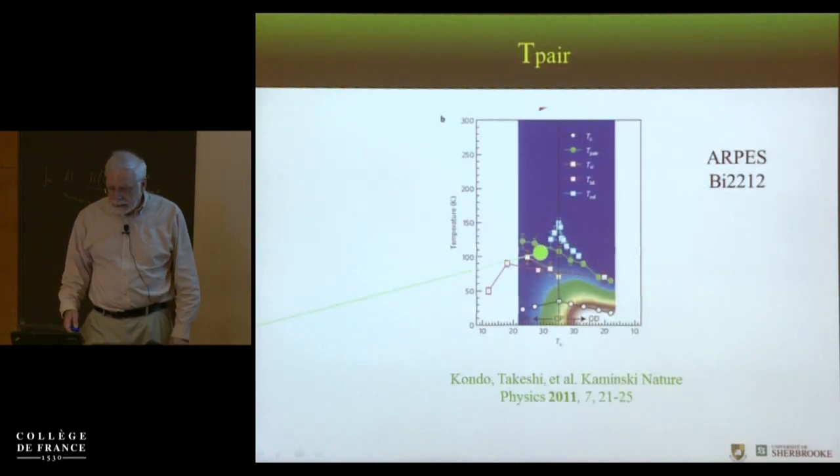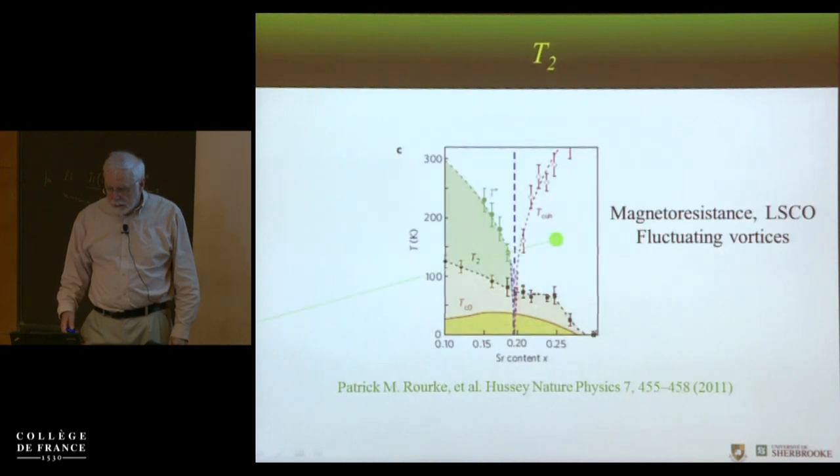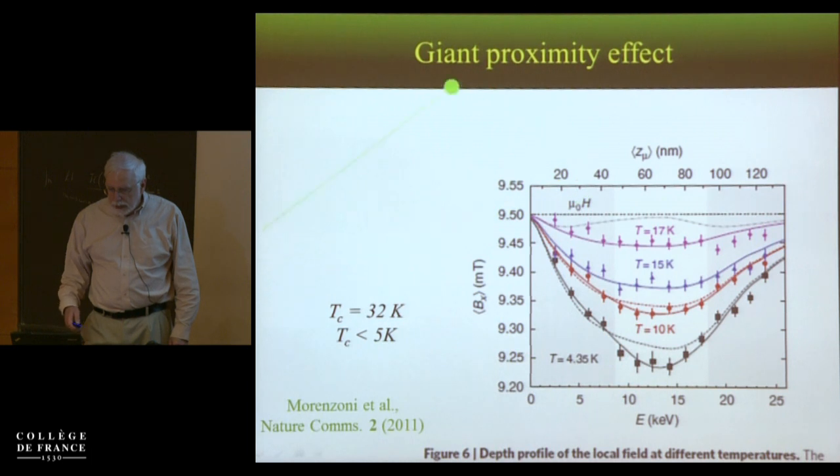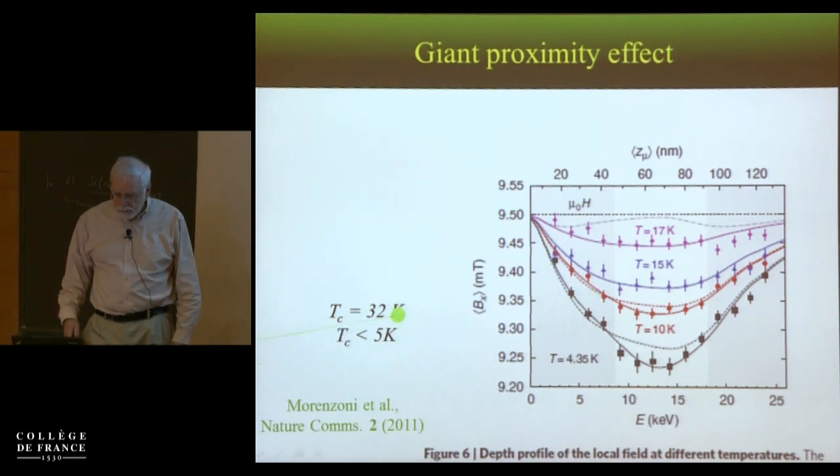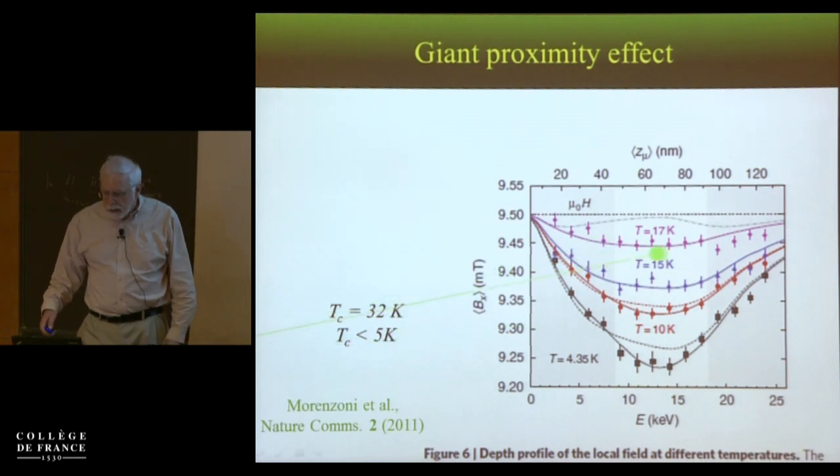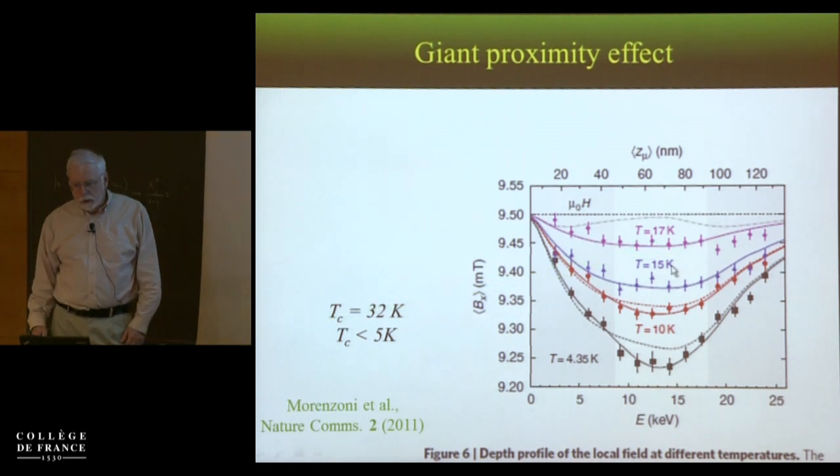In our PES, there's this green line. In magnetoresistance, there's this T2 line. There is the giant proximity effect, where you have superconductors with very different TCs, and you sort of go across this very large underdoped region.